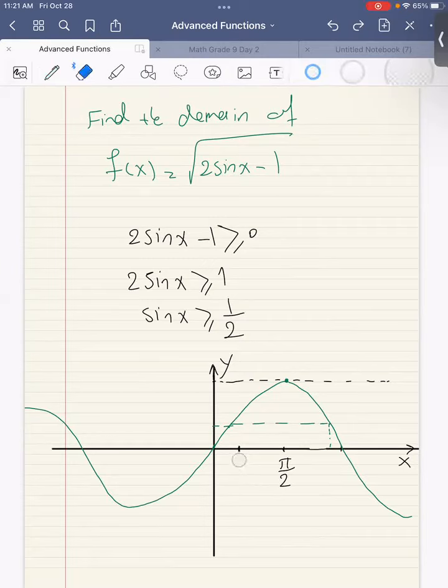So here and here, sine is 1/2, which is pi/6 and 5 pi/6. Okay. Is this picture clear?